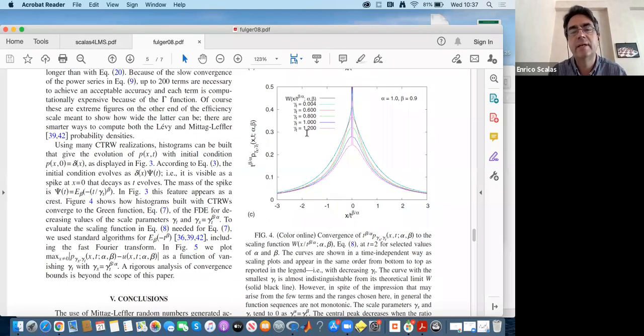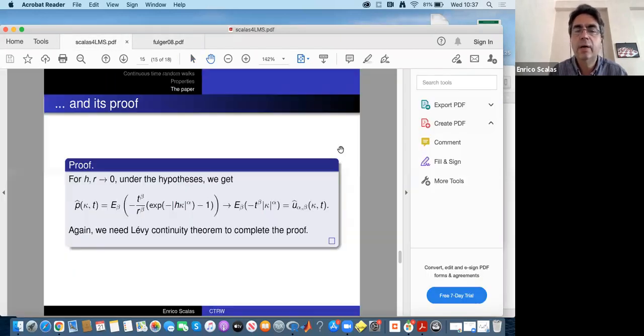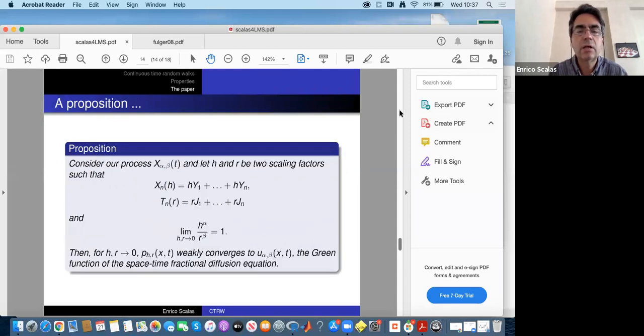Remember that we used this relationship, gamma x equal gamma t, to be beta divided by alpha. And in the presentation, I was calling gamma x equal to h and gamma t equal to r. So there is just a change of notation.